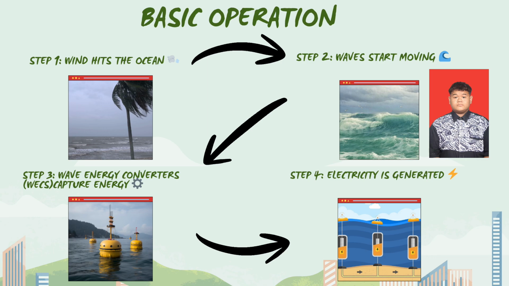And finally, for step 4, an internal generator converts that mechanical energy into clean electricity, which is then sent to the grid. It is a simple 4-step cycle that transforms natural ocean waves into sustainable power for our societies.